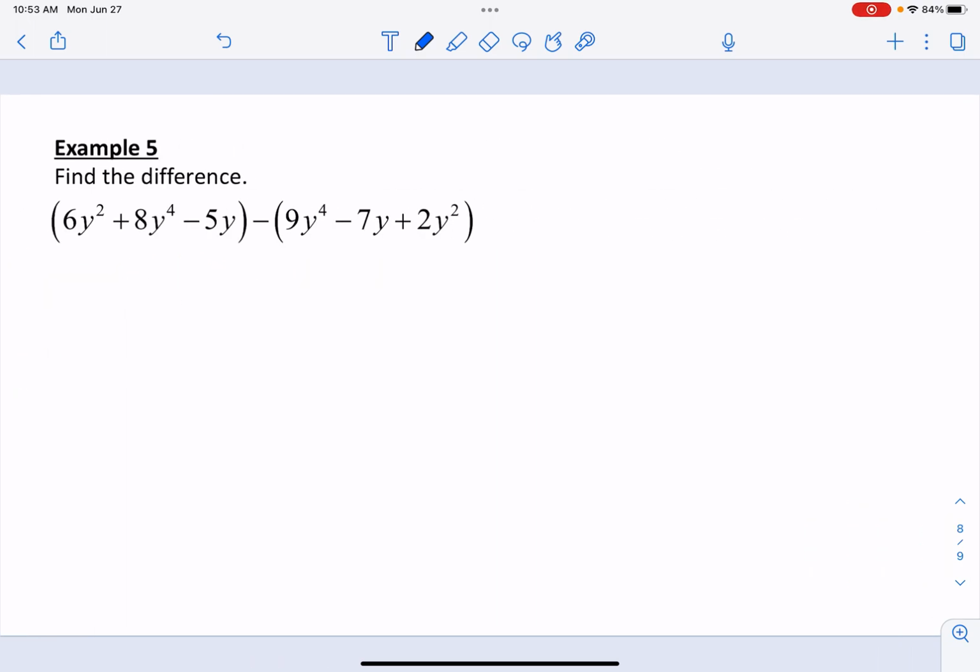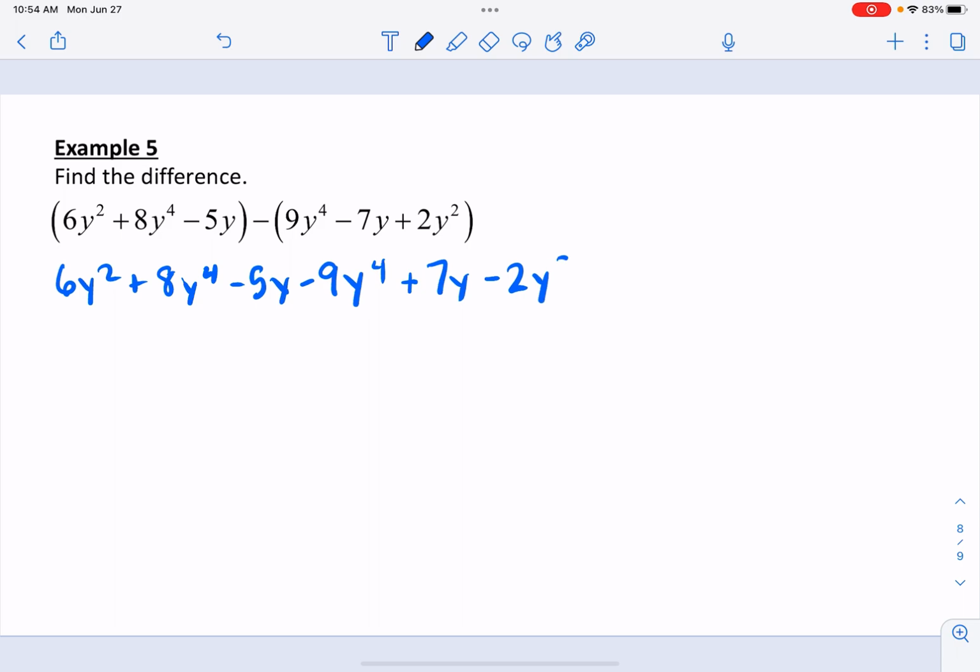Finding the difference. What I like to do is write out the first one, and then I distribute the negative. I distribute the negative to the 9, distribute it to the 7, making it positive, and then to the 2y squared. Now I just combine my like terms.